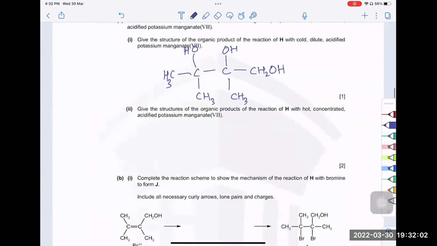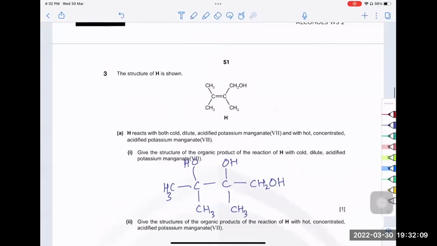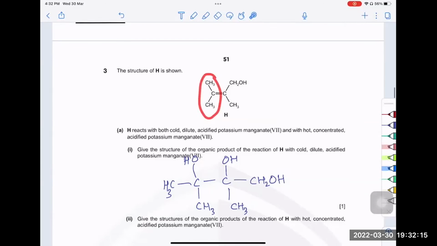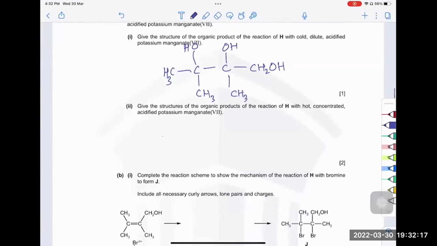Give the structure of the organic product of reaction with hot concentrated. So with hot concentrated, what's going to happen is two things. Number one, this double bond is going to break from the middle and you're going to get ketones. So this whole thing will obviously just be propan-2-one. So there's going to be a carbonyl group and it has methyl here and methyl here. So that's that one.